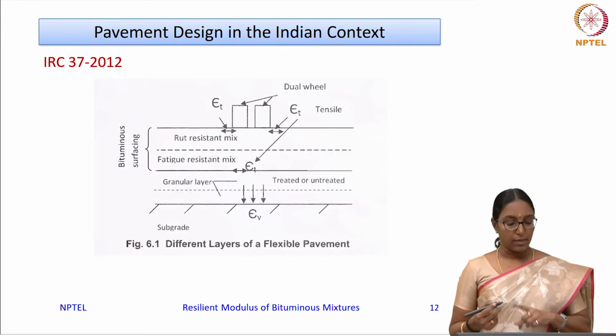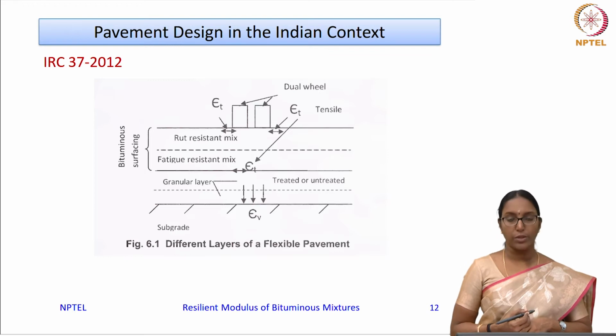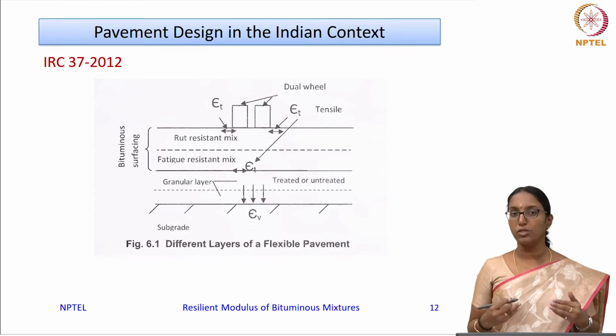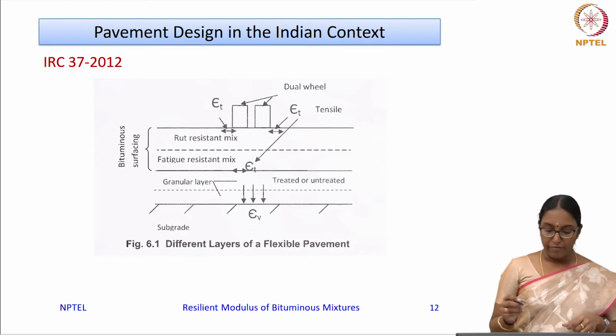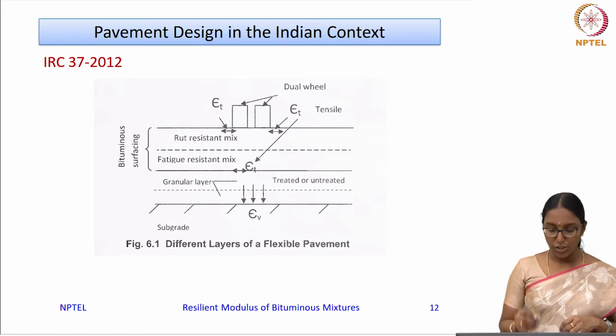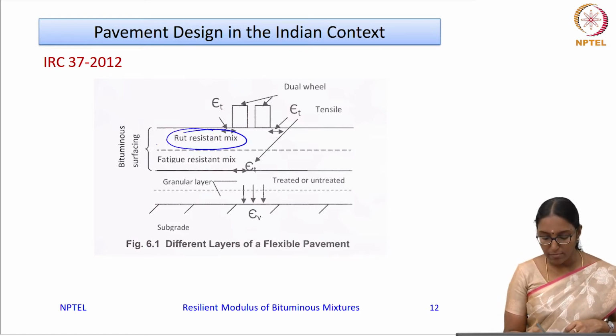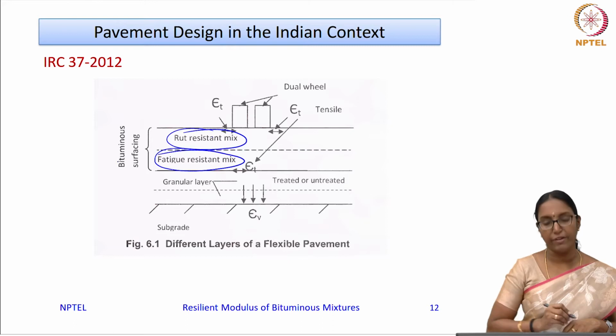Later revision in 2012 also gave a similar structure, and the approach is also the same, wherein for the bituminous surfacing, it is mentioned that it has to be a rut resistant mix and a fatigue resistant mix.